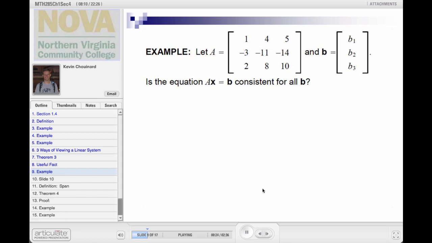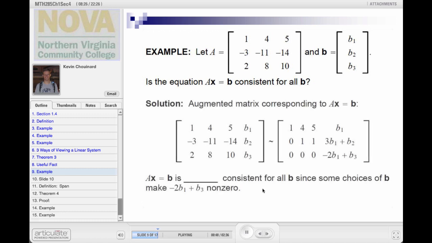So if matrix A is 1, 4, 5, negative 3, negative 11, negative 14, and 2, 8, 10, can there be a solution to this system? So let's see what we get here. Is there a solution? Well, here's what we get. We start by considering this system as an augmented matrix, and then we go through row reduction.